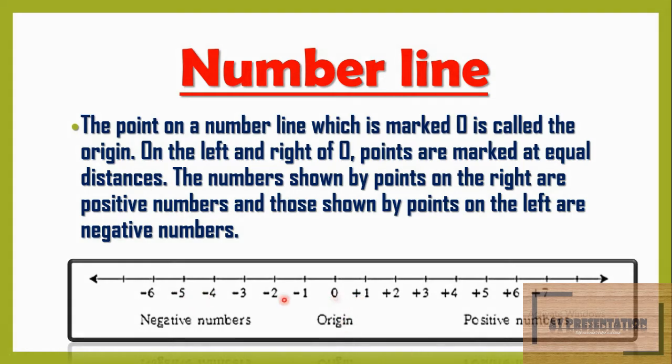Student, now observe the number line. All the positive numbers and all the negative numbers start from 0, the origin. On the right side all are positive numbers and on the left side all are negative numbers, and all these numbers have a similar distance from the origin.